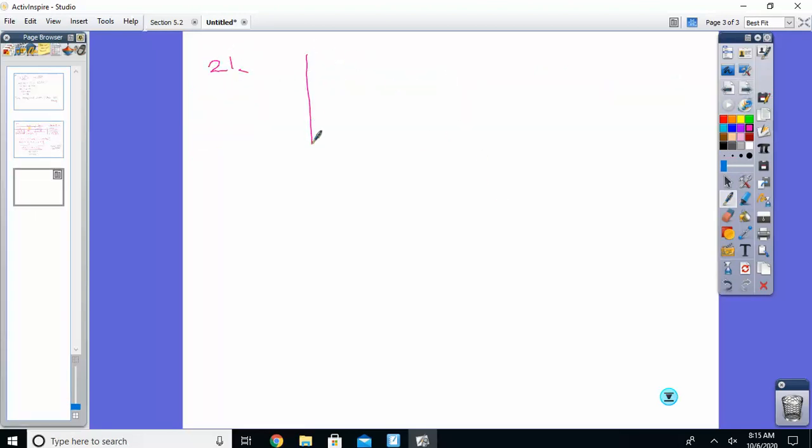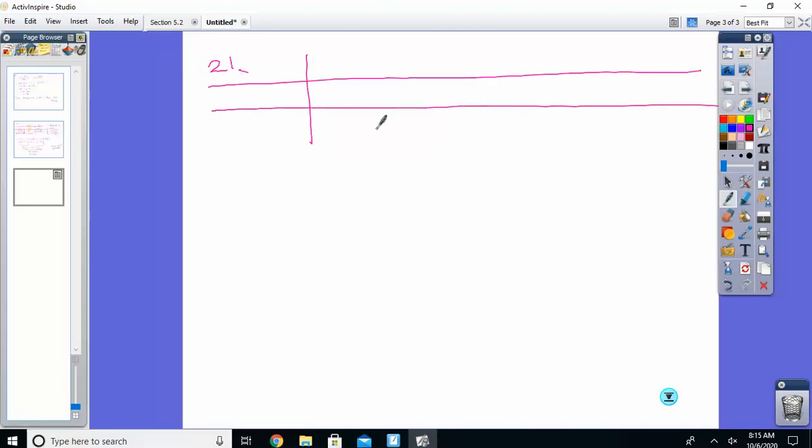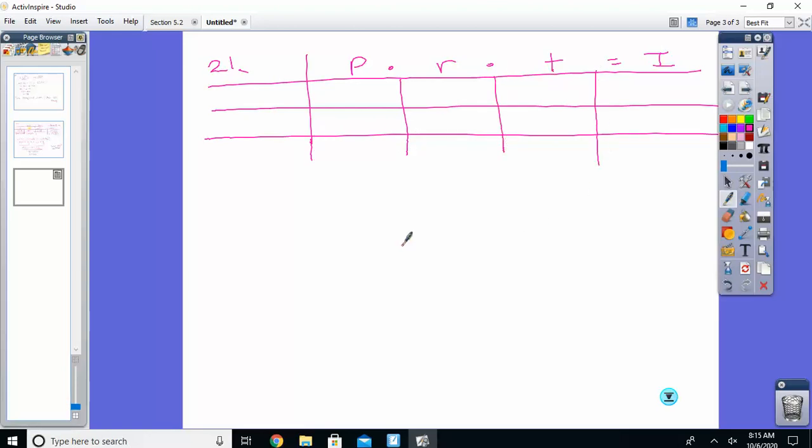Okay, this one is an interest problem. So what's the interest formula? Okay. So we're making 2 investments.